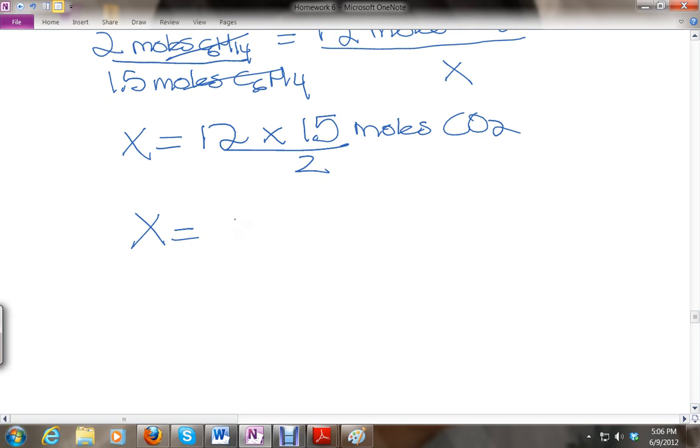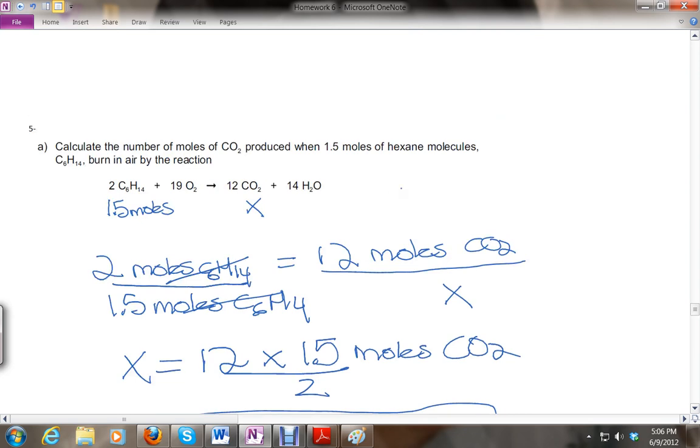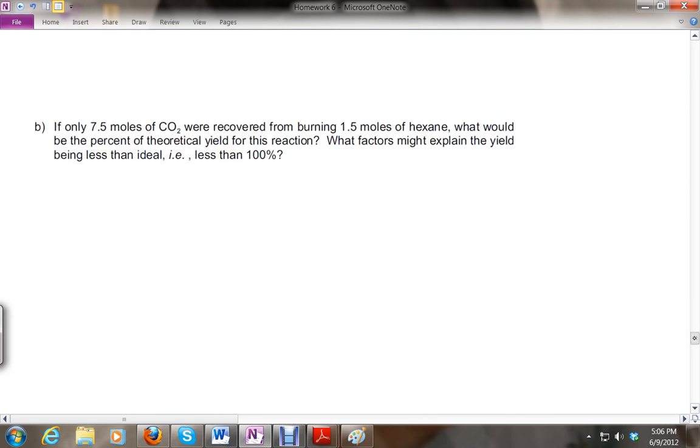Here it is. Why is it that I put 9.0 and not 9? Well, because we need it in two sig figs, and if you look again, the problem gives us two sig figs.